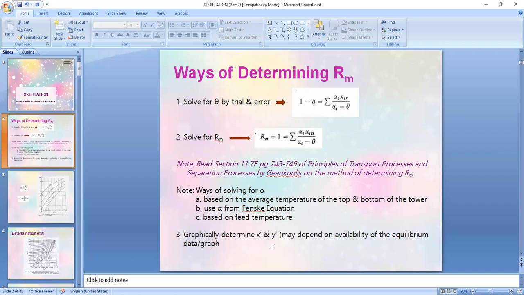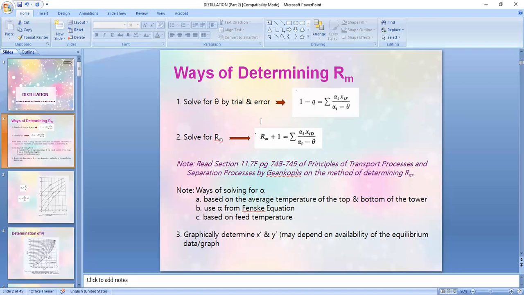The problem, class, is if you don't have the equilibrium data, that will make you graph the equilibrium curve, which is a product of plotting the XY pair of data for your system: the mole fraction in the liquid and the mole fraction in the vapor of, let's say, component A. That way you can come up with a curve. If you don't have a ready-made equilibrium curve for your system, then do the procedure that is written in here.